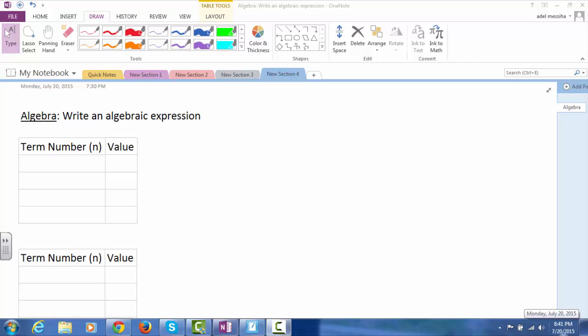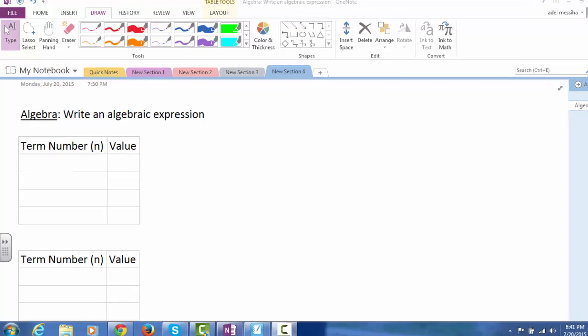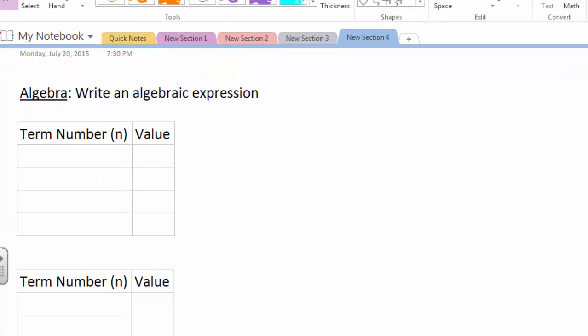To find the algebraic expression, there are two strategies. I'm going to mention the first strategy first, and as you can see, I'm preparing a table to have the relation between the term number and the value. So exactly what we did before, we're going to repeat it. I'm going to choose, let's say, the red or the blue for the term value, term number.